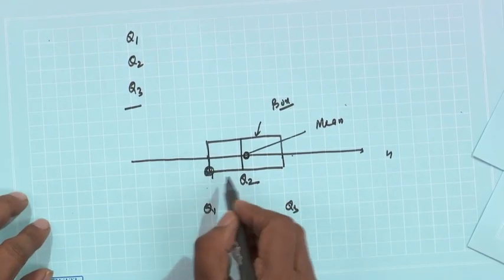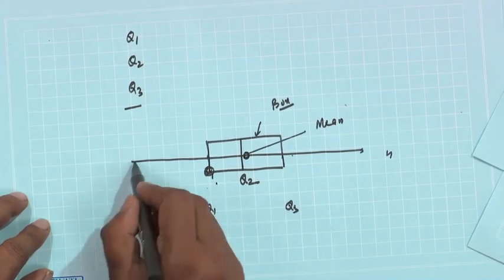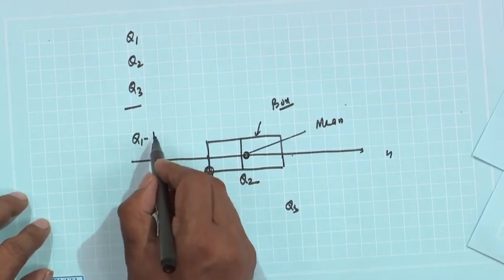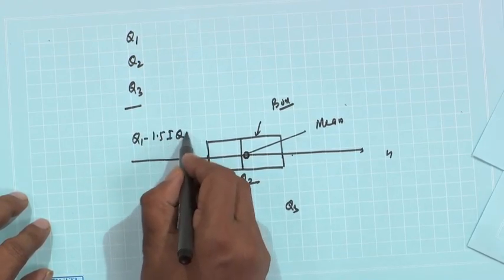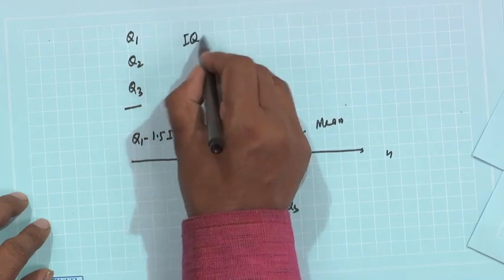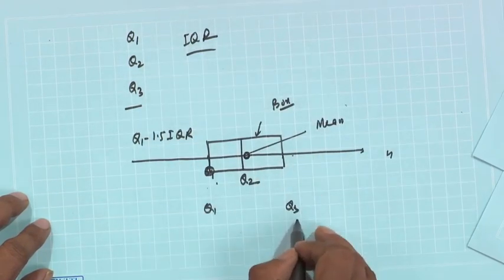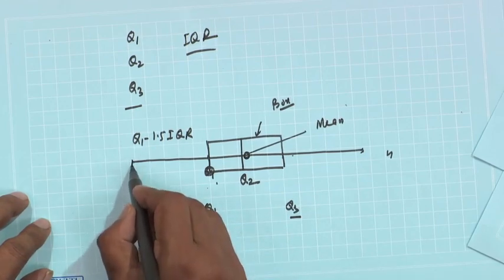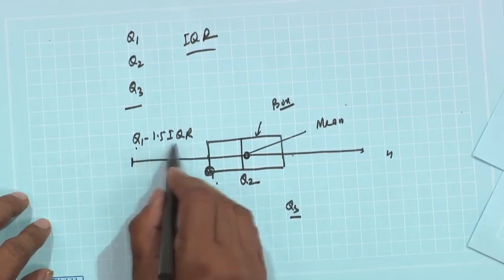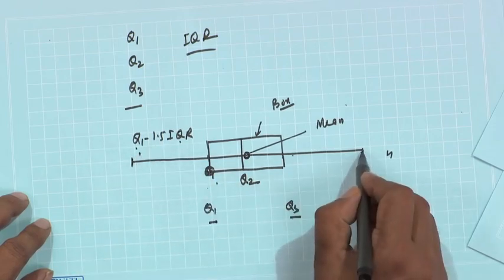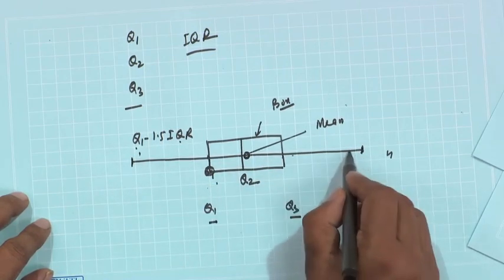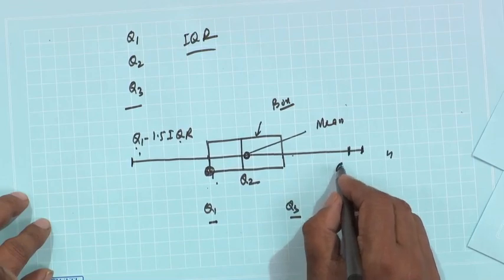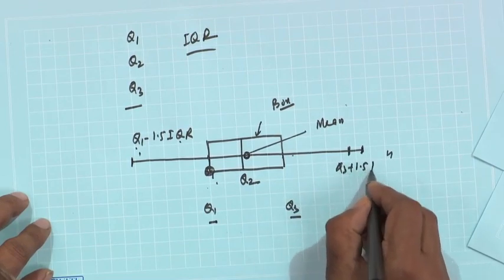Then you find the value Q1 minus 1.5 times IQR. IQR you have already seen, it is the difference between Q3 and Q1. So this is the first quartile minus 1.5 IQR. Similarly, this will be Q3 plus 1.5 IQR.